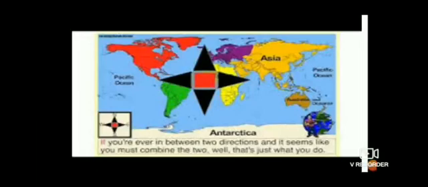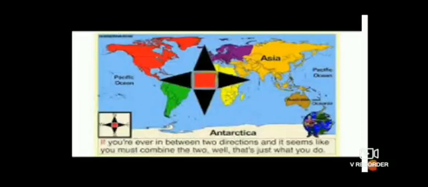Generally, we use a compass to find the direction of a place. The needle of a magnetic compass always points in the north-south direction. In between the cardinal points, north, south, east and west, we have the intermediate directions: northeast, southeast, southwest and northwest.